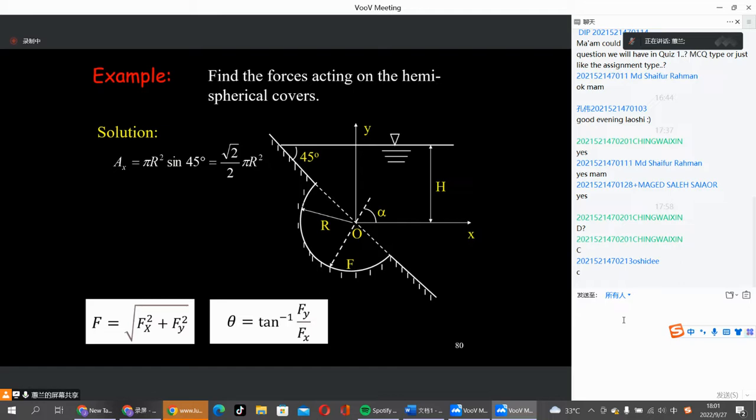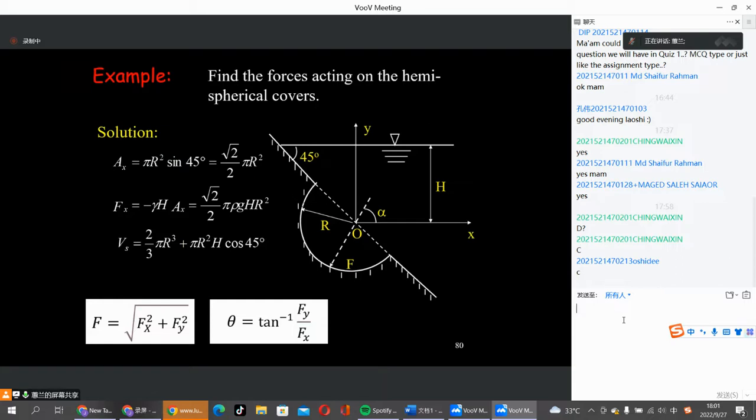But for the weight, the vertical force, its acting point should be the center of the fluid volume. So again, we need the horizontal and the vertical force.